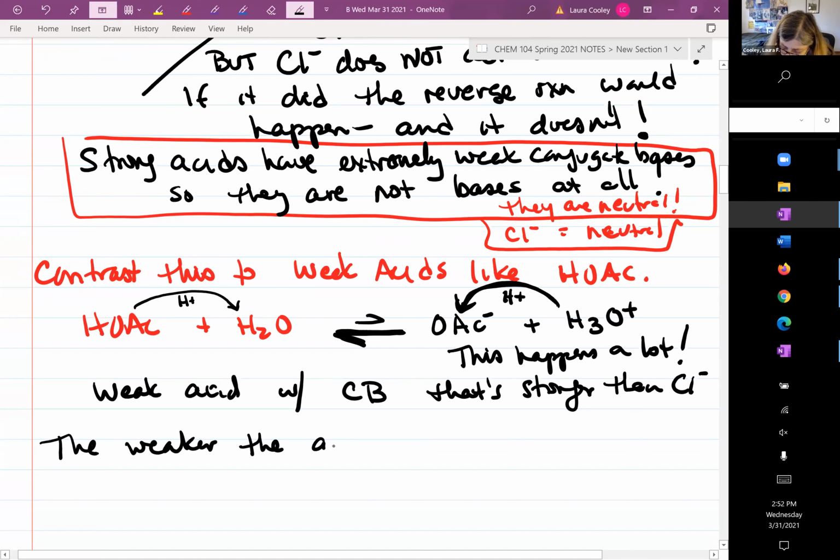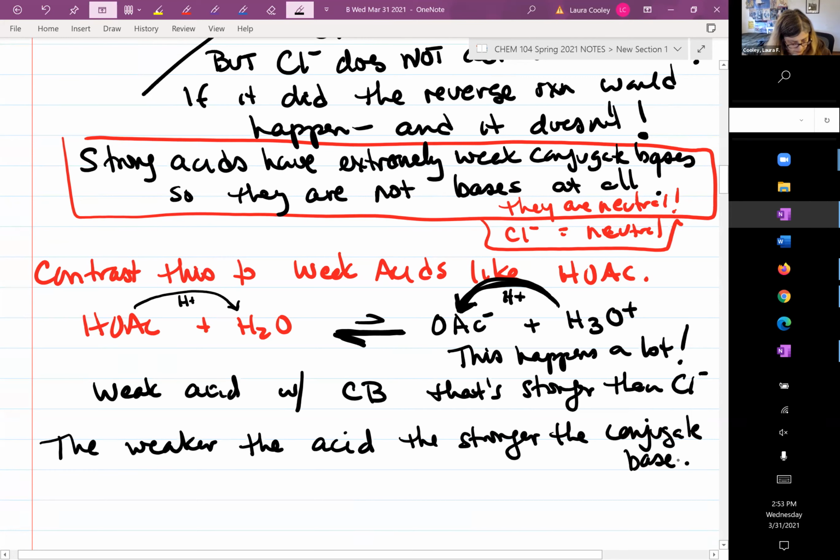I haven't proved that, but I just showed you two examples where we had a very strong acid with a conjugate base that doesn't act basic at all, and then a weak acid where acetate is acting like a base all the time. So the weaker the acid, the stronger the conjugate base. Okay, so there's really no contest between acetate and chloride.